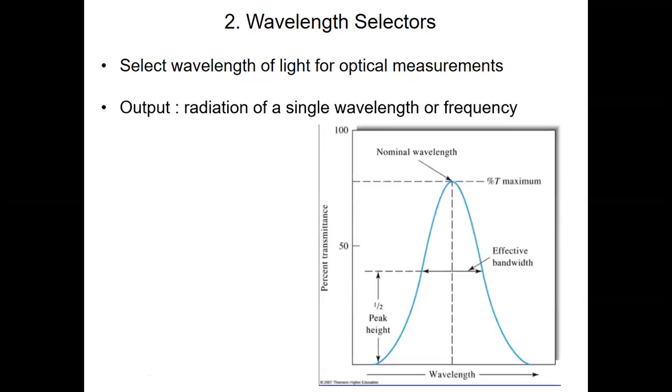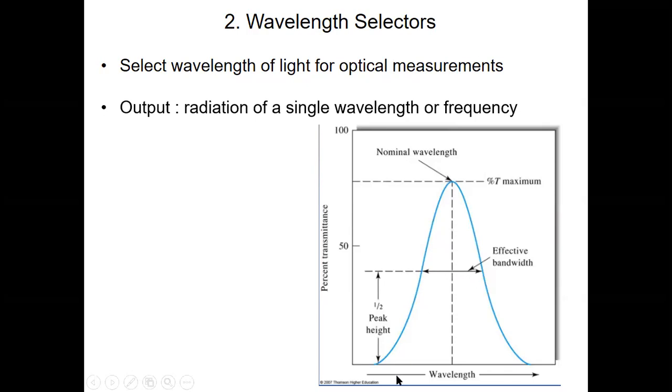Normally what we are expecting from the wavelength selector is radiation of a single wavelength or frequency. That is the output, that's what we are expecting. Single wavelength or single frequency. But actually, it is difficult for us to get a single wavelength, right?